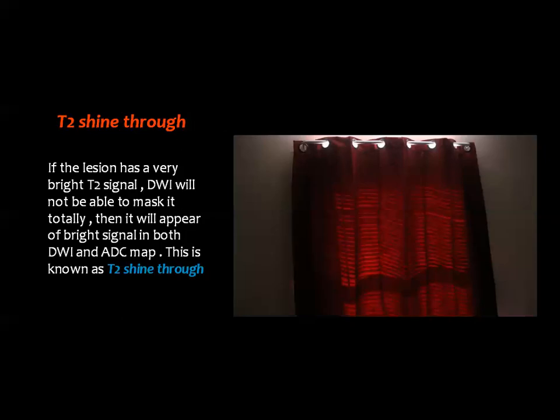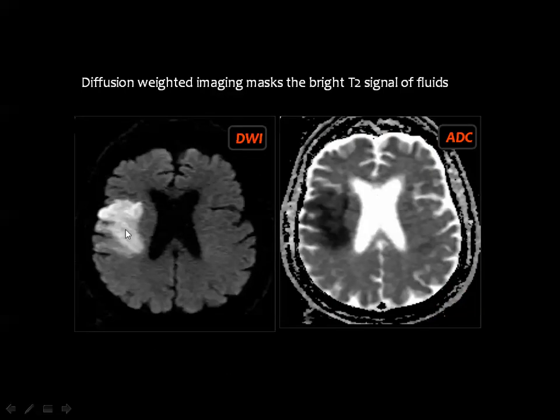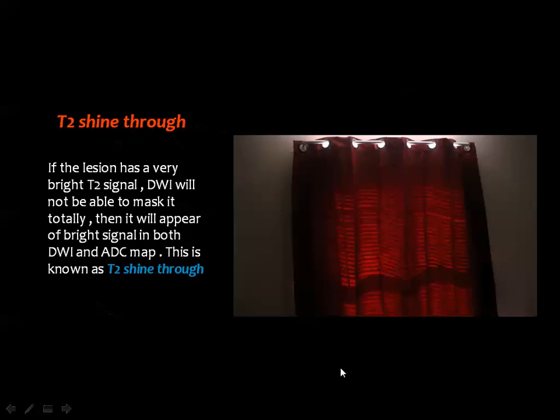Then sometimes you can see high signal in the diffusion weighted image and also high signal in the ADC, and this is known as T2 shine through. This will occur in lesions that have very bright T2 signal, like a simple cyst, for example, or the hemangioma, another example.